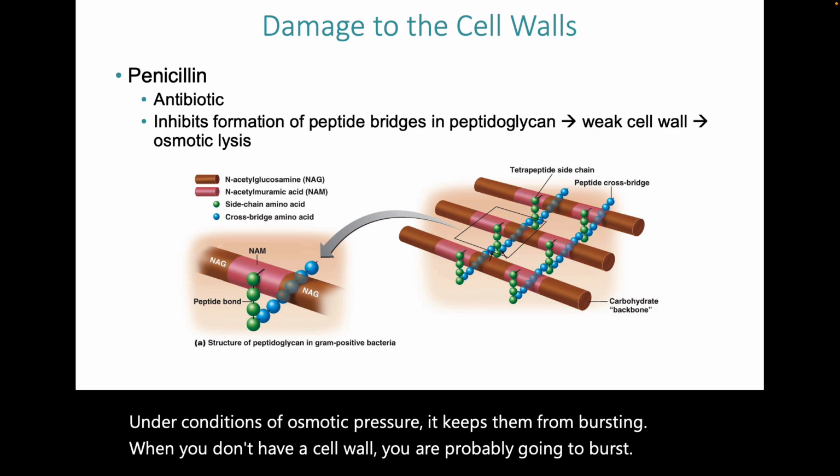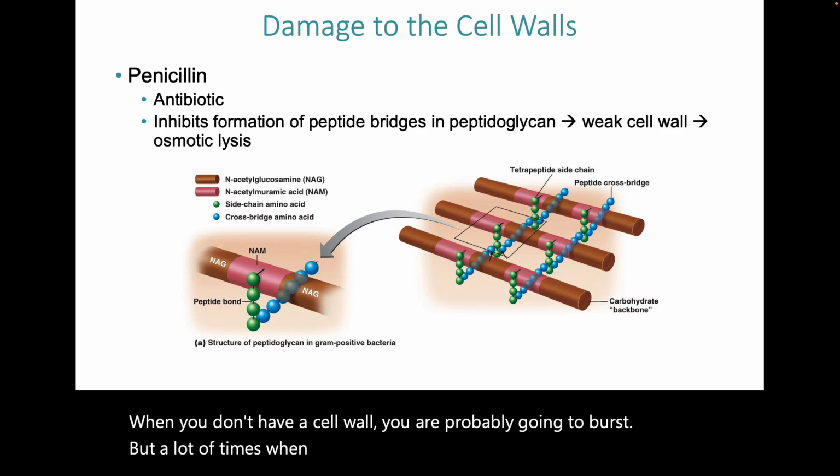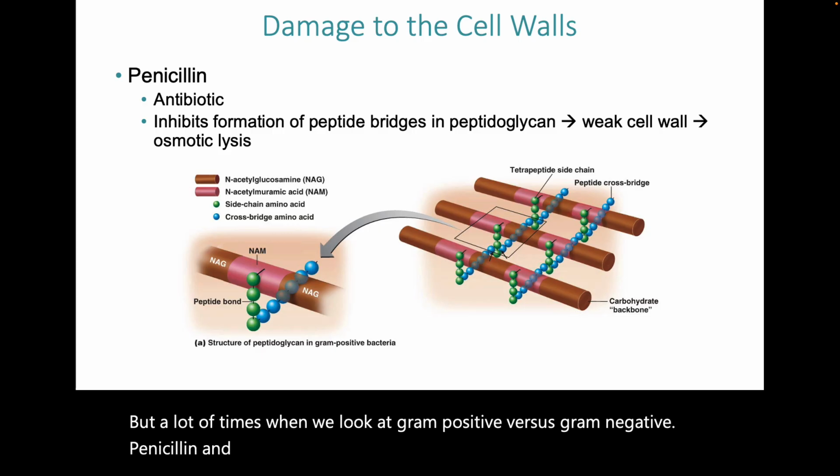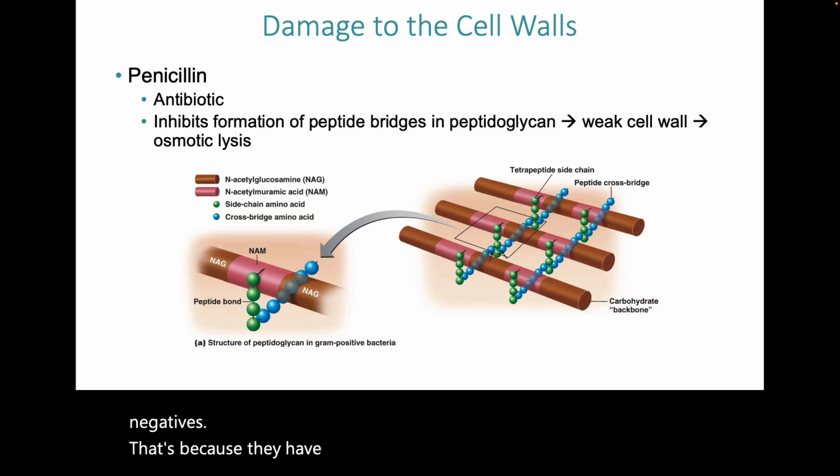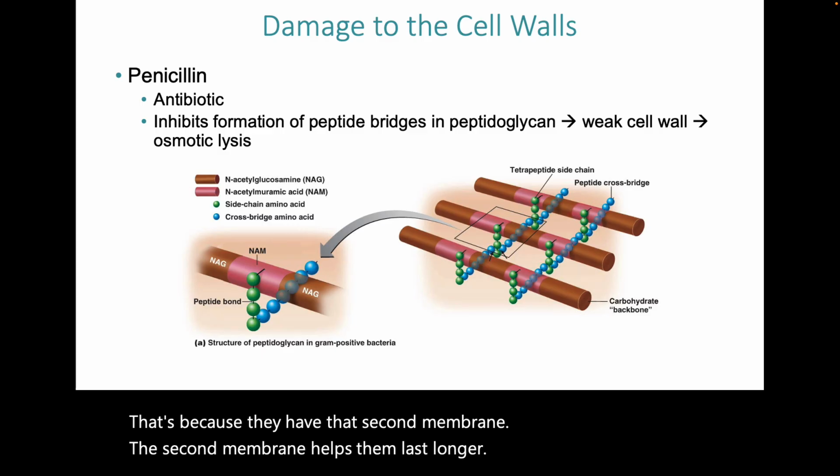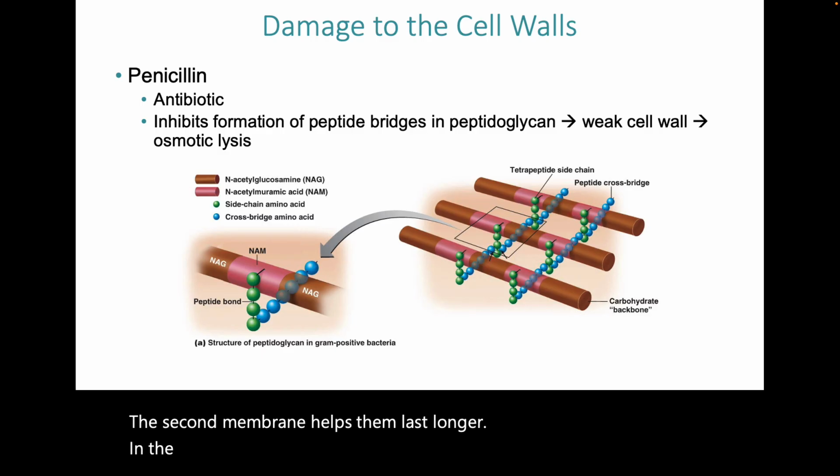But a lot of times when we look at gram-positive versus gram-negative, penicillin and its derivatives are not our first choice antibiotic for gram-negatives. That's because they have that second membrane. The second membrane helps them last longer in the absence of a cell wall.